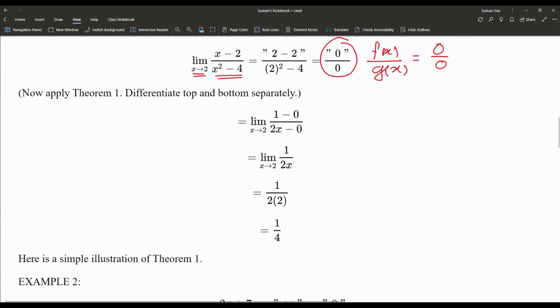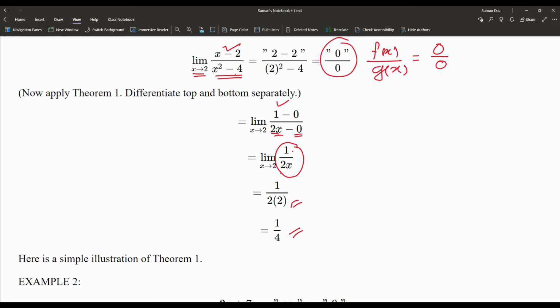We differentiate f(x) and g(x). After first order differentiation of f(x), we get 1 minus 0, that is 1, and for x square minus 4, we get 2 into x minus 0. Now we put the value of x here, and we get 1 by 2 into 2, that is 1 by 4.